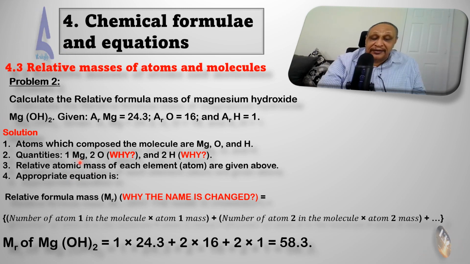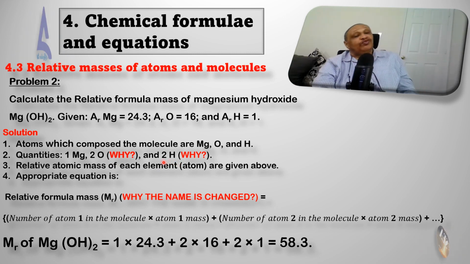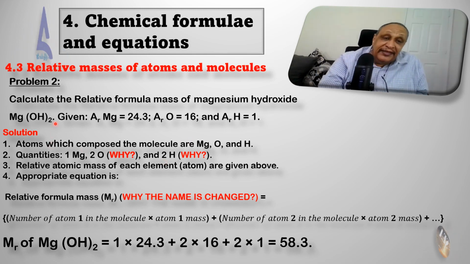Magnesium is 1, oxygen is 2, hydrogen is 2. The question is why? Why are they 2? Because they are between parentheses, and there is a 2 here. That means I have 2 OH. It should be magnesium OH, OH.